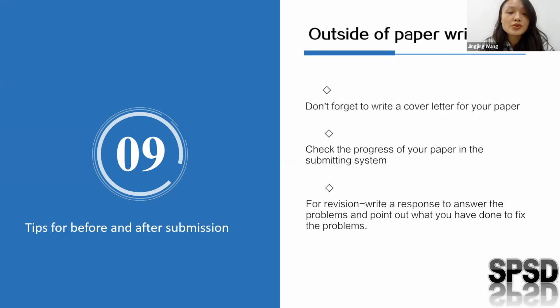When you revise it, you should write a response. A response is used to answer the problems and point out what you have done to fix them. In the response, the comments given by reviewers should be listed one by one, and your responses should respectively match each point.